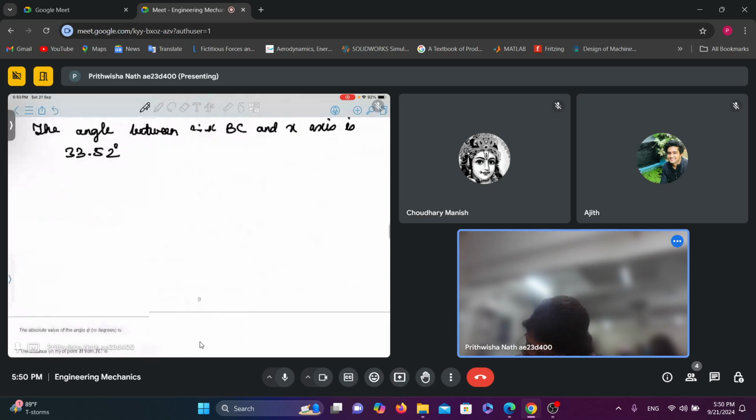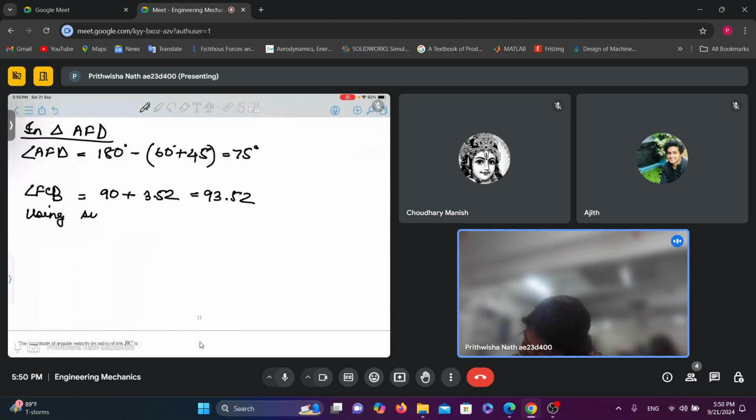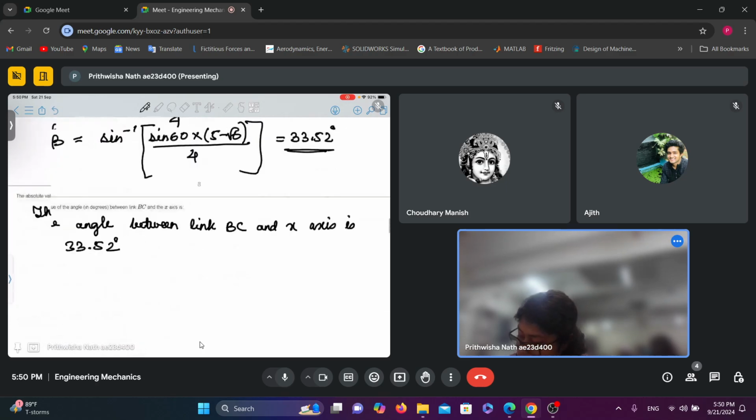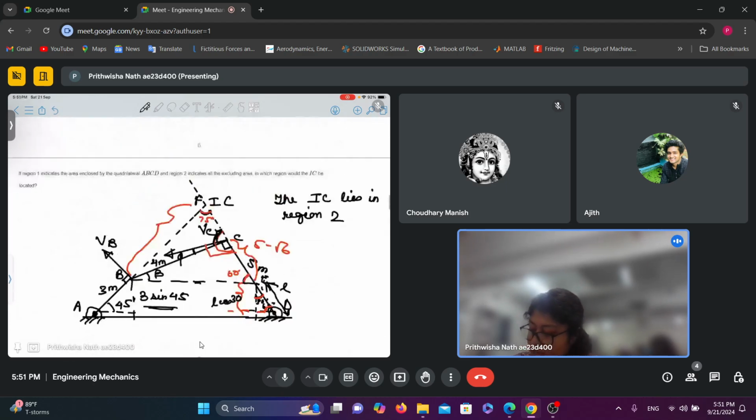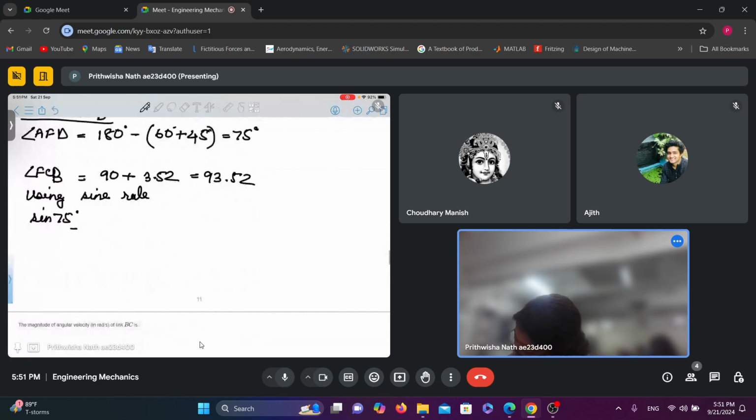So, using the sine rule, sine 75 degrees, which is opposite to the length BC, that is 4 meters, equals sine 93.52 divided by length FB. So this is the distance that I need to find, that is asked in the question.